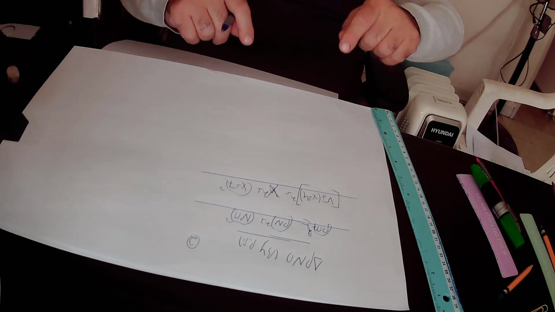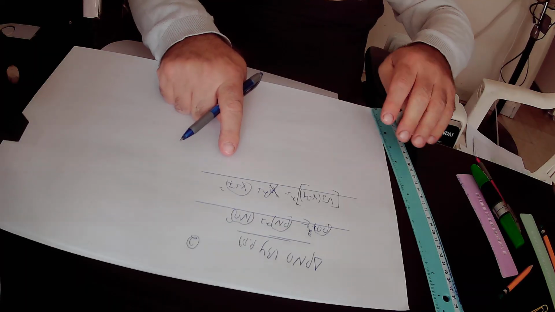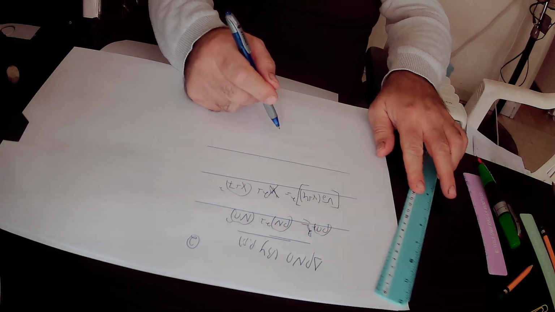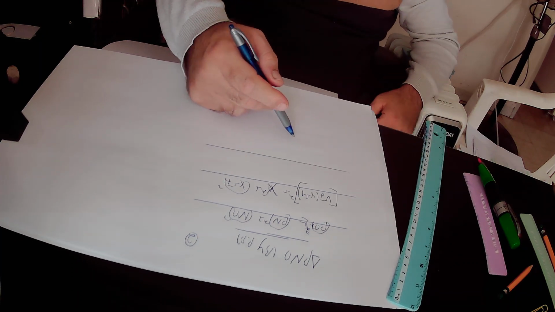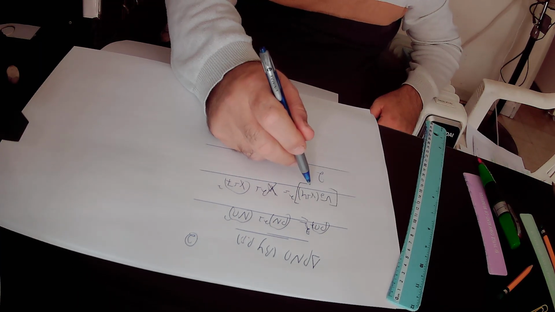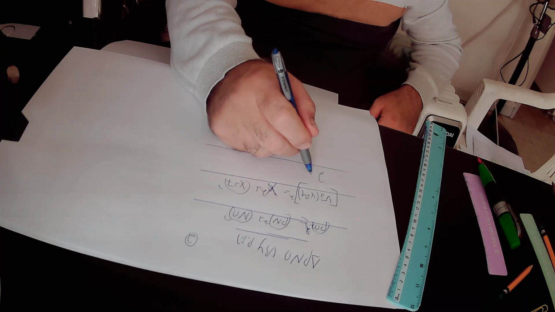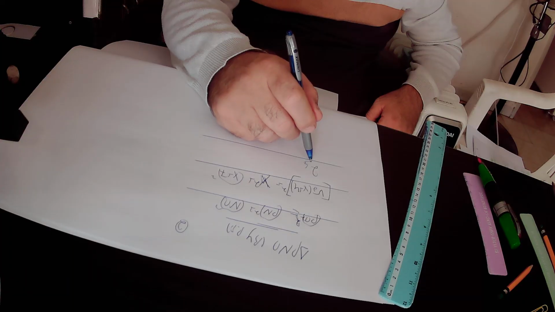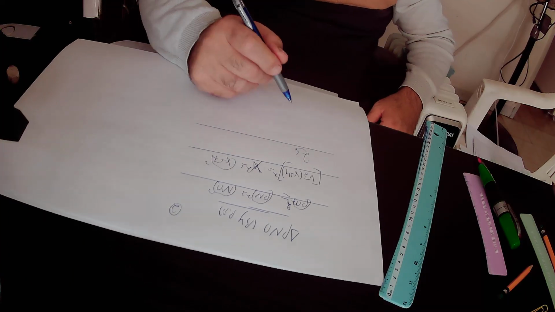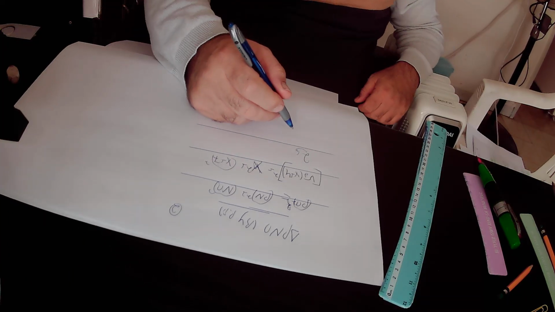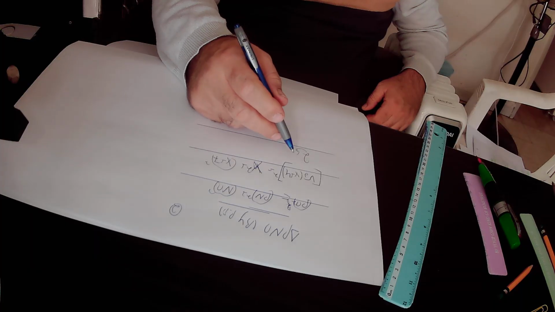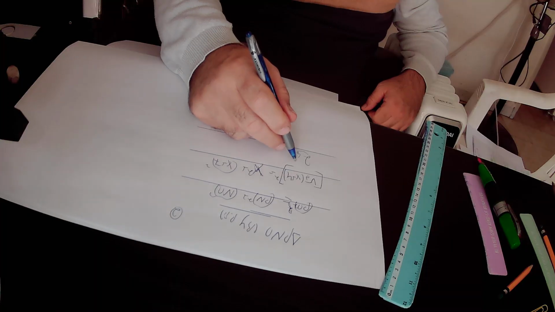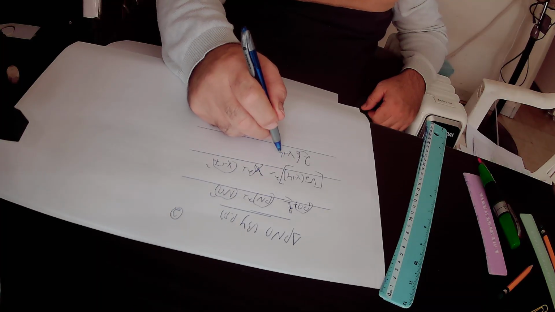Here we will open the brackets on both sides of this equation. The square root of 2 squared is 2, times x plus 4 squared.